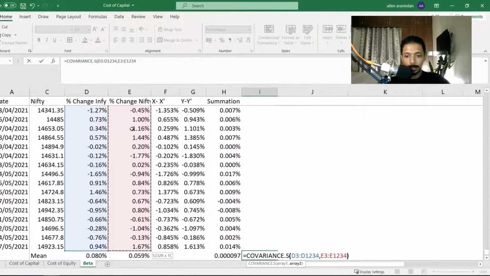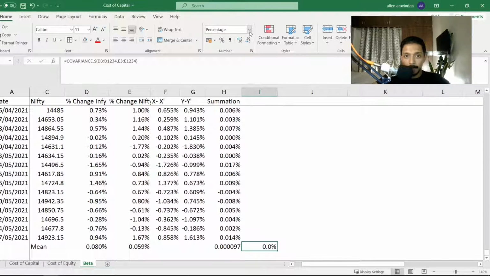So you took both the series and you got it, right? And if you change it to numbers, it will be very, very similar. If you see, it's almost the same. In fact, it's actually the same. So that's how you calculate. The reason why I showed you the manual calculation is so that you understand what covariance is rather than just using the formula directly.